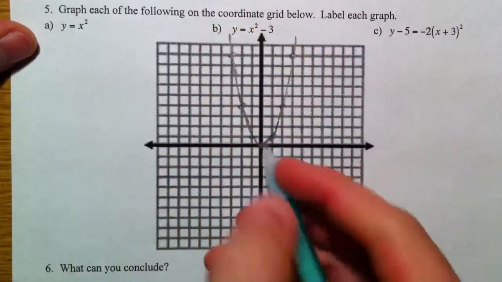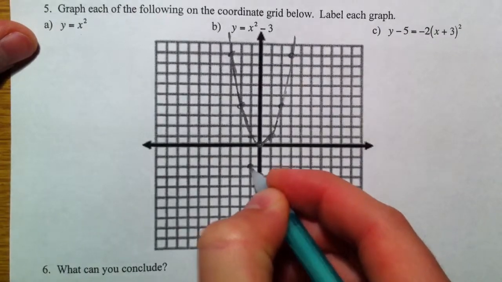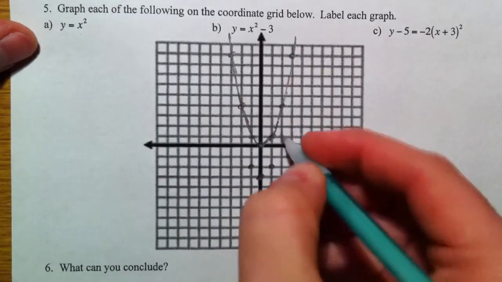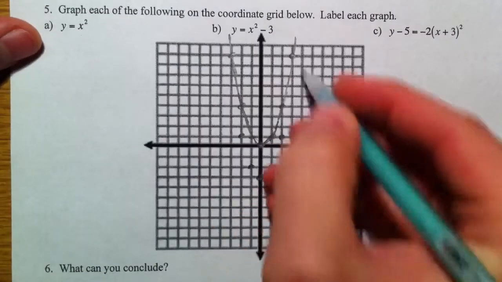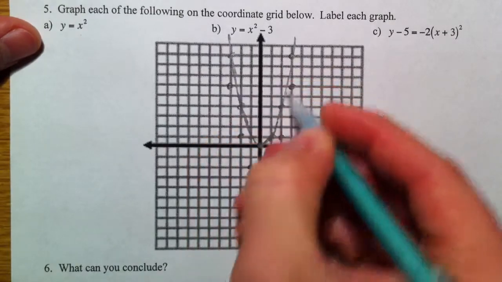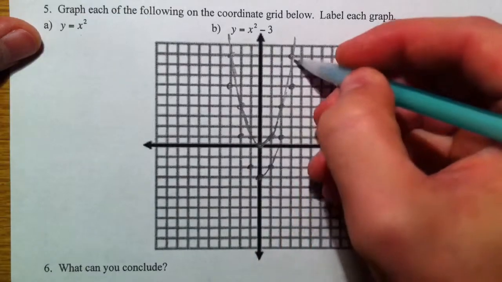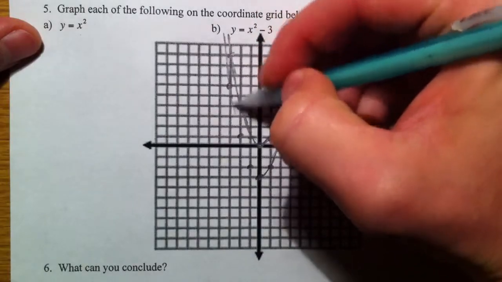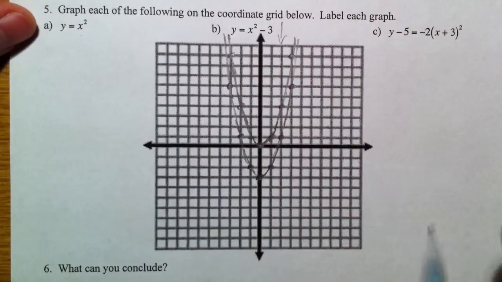Well, it moves it 3 down. And so relative to this, 1 squared is 1, 2 squared is 4. And then 3 down from where that was, or you could think 1, 2, 3 and up 9. So that moved it down 3.